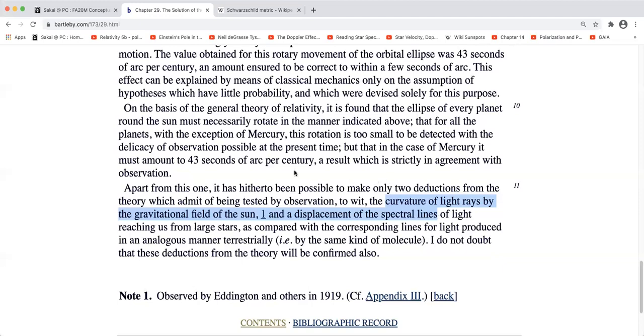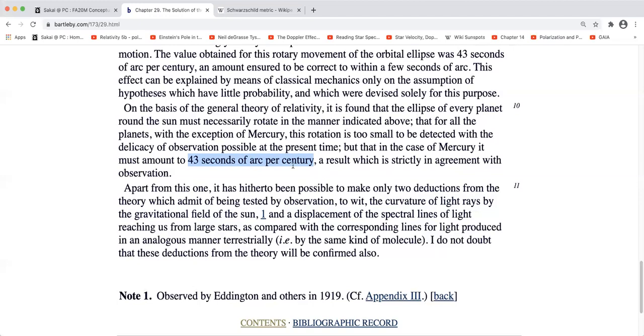And so it's really a tiny amount of rotation. It's only 43 seconds of arc per century that the orbit of Mercury rotates. 43 seconds of arc per century. So remember that a circle has 360 degrees, and each degree has 3,600 seconds.